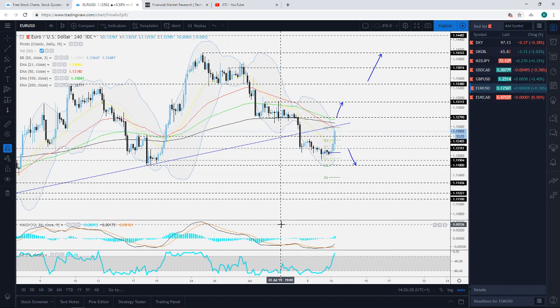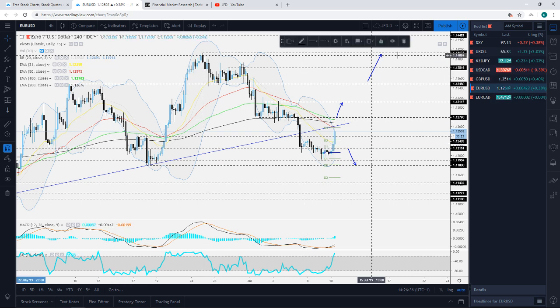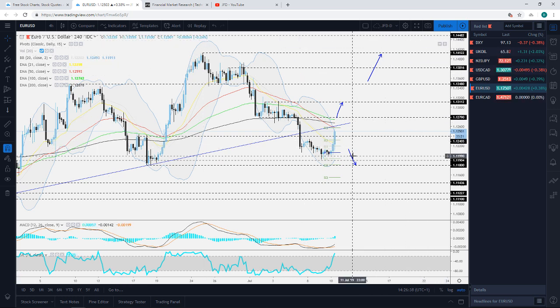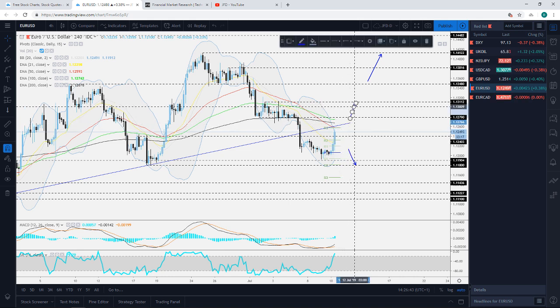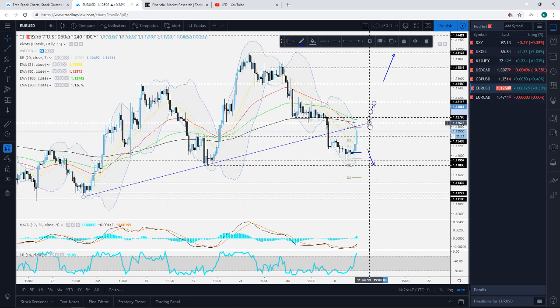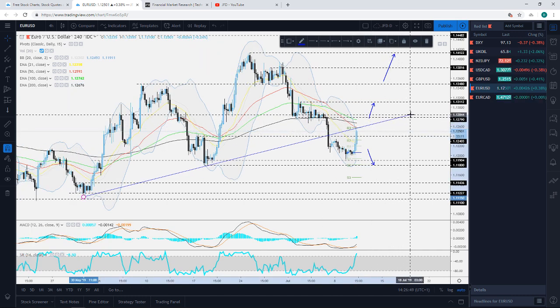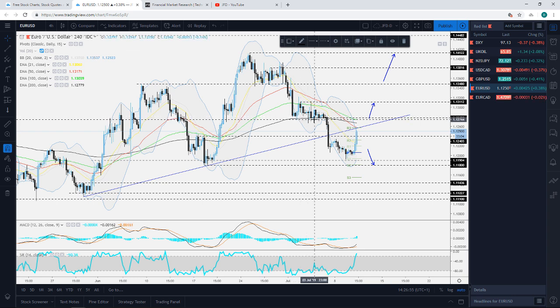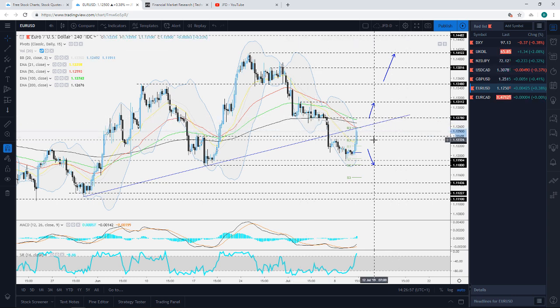Euro dollar, and also good performance here on the euro dollar, of course due to the US dollar weakness, but basically, yep, it is making its nice move higher. Still, for us to get comfortable with further upside, ideally we need to see a nice good push above this upside support line, and a push above the 1.1275 zone, and only then we will consider further moves higher.